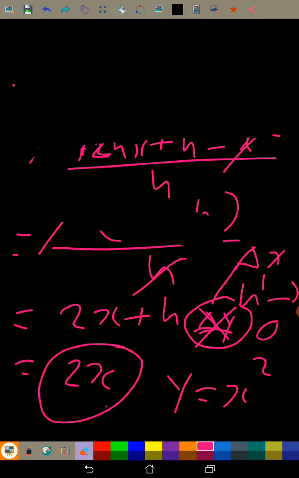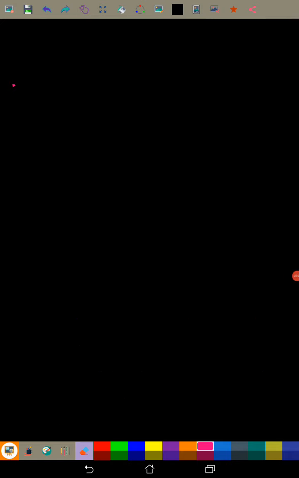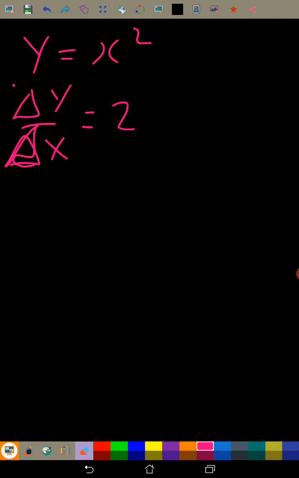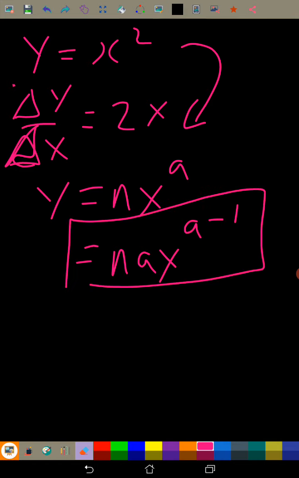I will erase everything, and I will write the conclusion to which we came. We have y is equal to x squared, and delta y by delta x is 2x. So this is differentiation. If we have y is equal to a x to the n, it's going to be n a x to the n minus 1. This is the formula for differentiation, dy by dx.